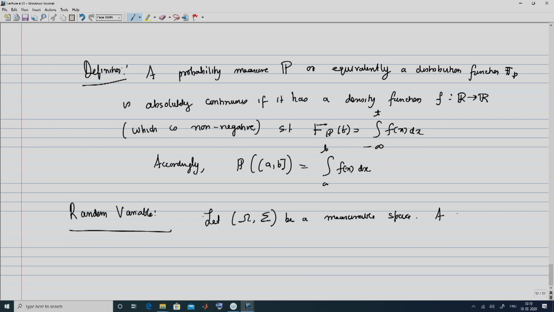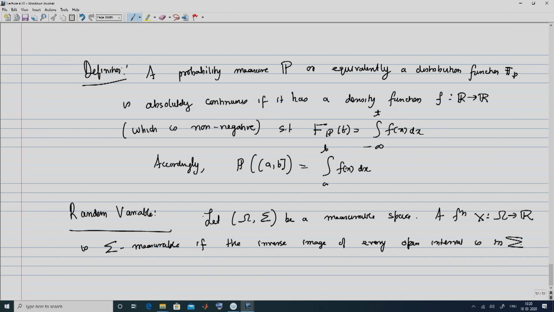A function X from omega to R, that is a real valued function defined on the sample space omega, is said to be sigma measurable if the inverse image of every open interval is in sigma. Remember that sigma was a collection of subsets of omega.